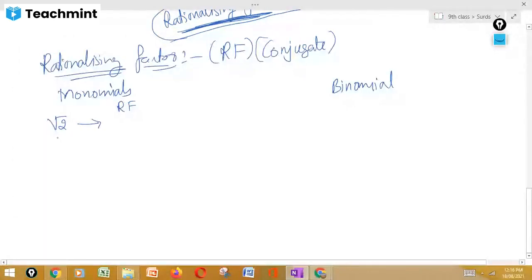So in monomial, when we are writing the RF for the monomial, we are converting an irrational number to a rational number. When it is a case of a monomial, listen to me, just multiply the same thing.